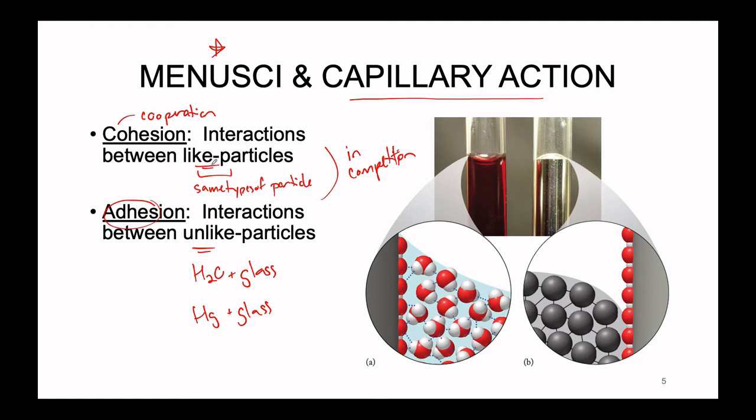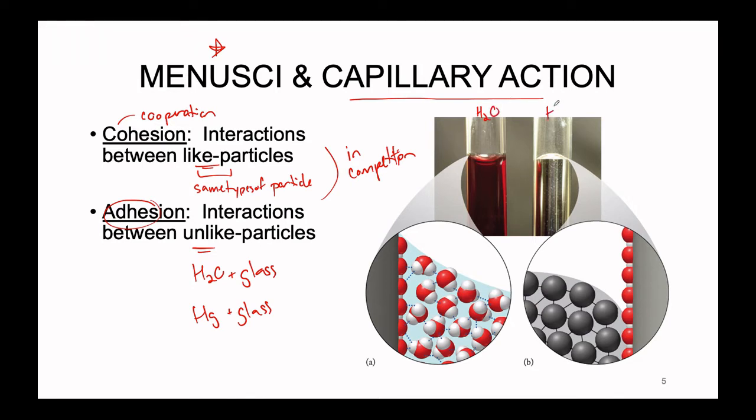All right, so the balance between cohesion and adhesion are going to be what result in what we call a meniscus and a reverse meniscus. We'll talk about the menisci first, and then we'll talk about capillary action, since capillary action is really just a very extreme meniscus. All right, so on the left, what we have pictured is H2O. It's just dyed red for visibility inside of this picture.